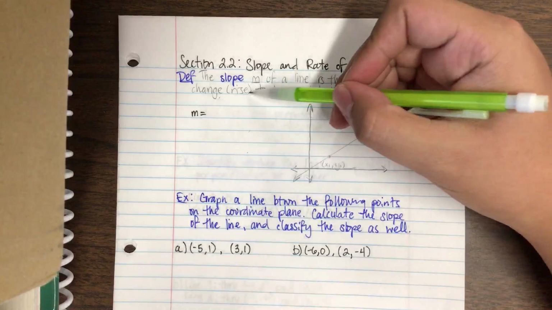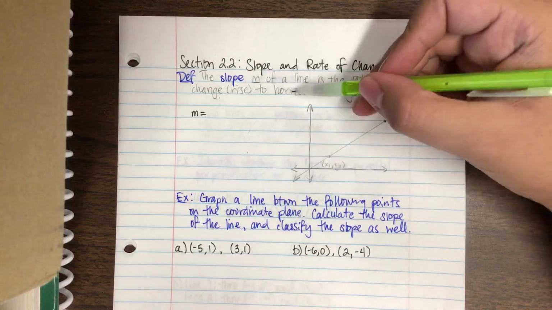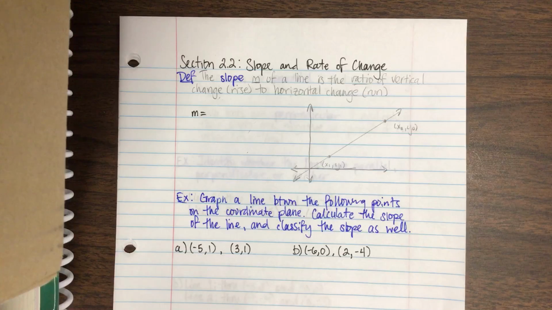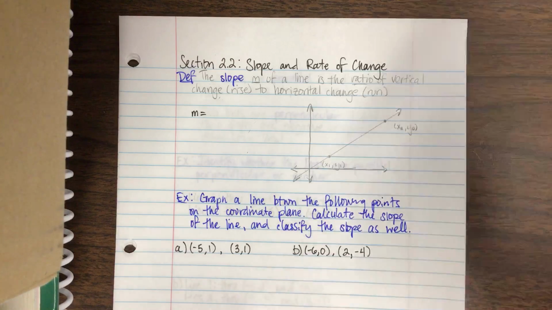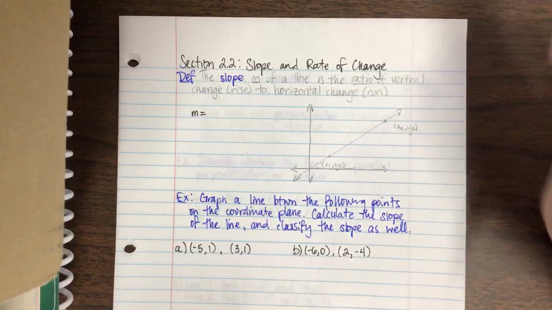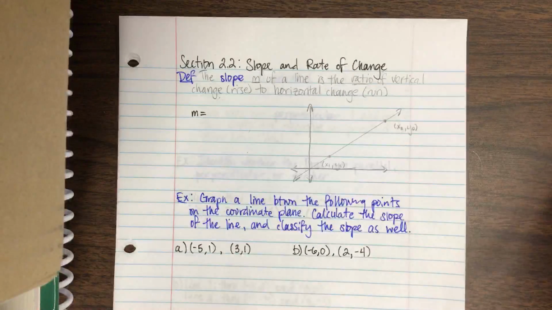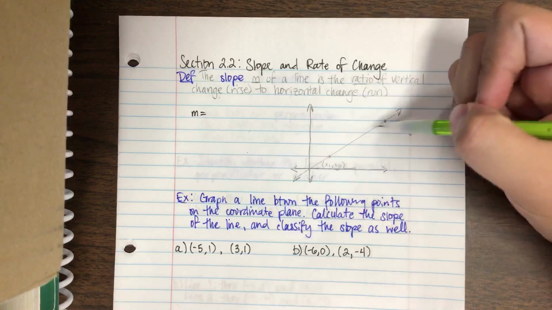The vertical change is the rise, to horizontal change, which is our run. Okay, so how much does this line go up or down, right? Despite it being called rise, it refers to how far up or down it goes, divided by the horizontal movement, which we usually go from left to right.